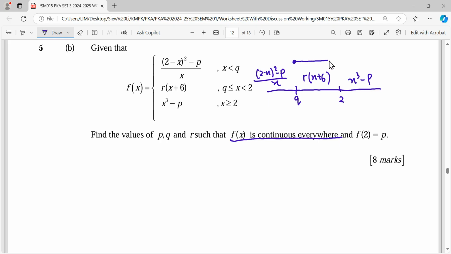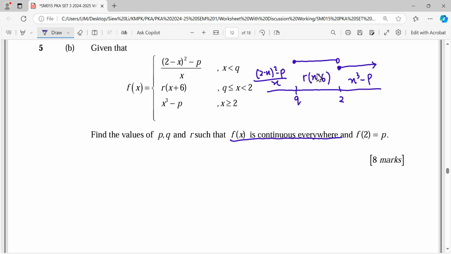So the Q point follows here. The point Q follows the function Rx plus 6. Then point 2 follows the function of QB.